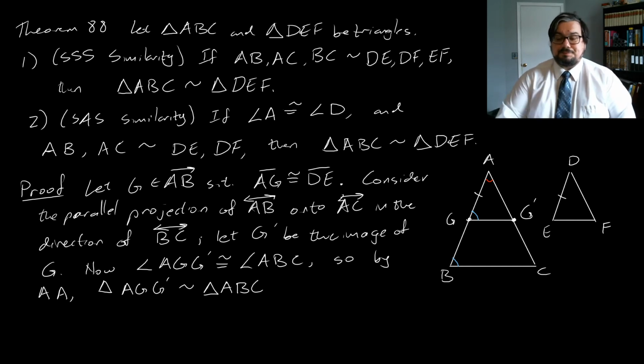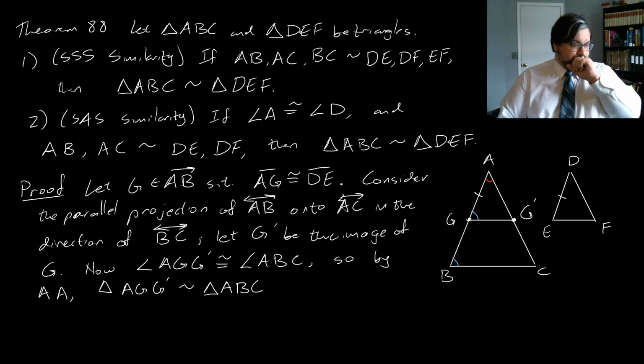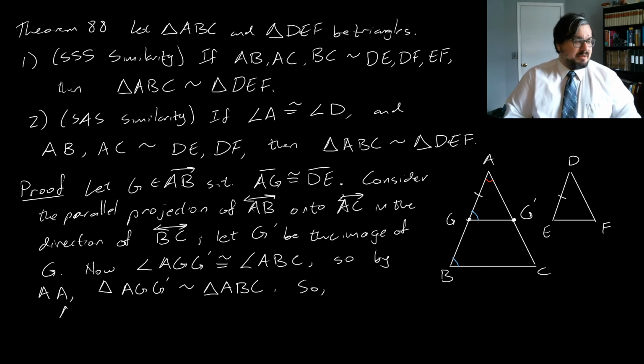And because we have these two blue angles being congruent to each other, which comes from the fact that the line GG prime is parallel to the line BC, the two triangles ABC and AGG prime are similar to one another. So that means that AG over AB is equal to AG prime over AC, which is equal to GG prime over BC.